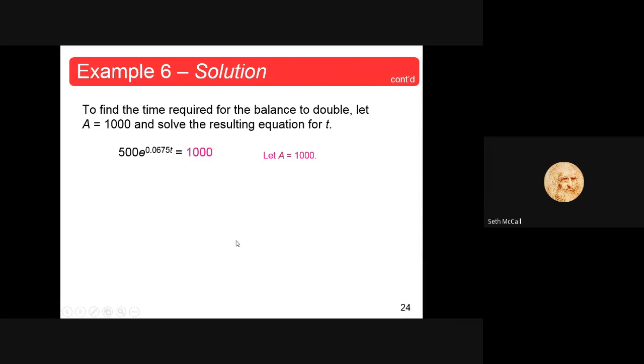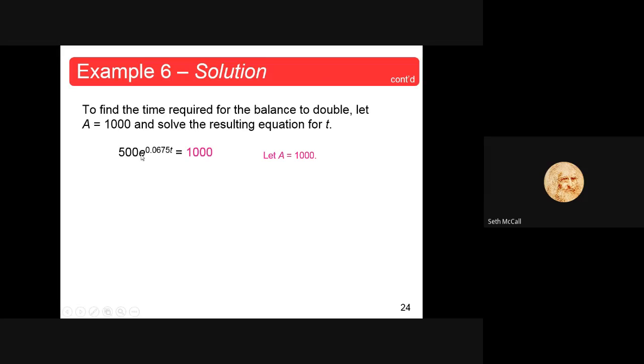In order to solve for t, you can see that this t is up in the exponent position. And anytime you have a variable in the exponent position and you need to solve for that variable, it is going to involve logarithms. That is what logs are for. They are for solving variables that are up here in the exponent. So what we need to do is peel back a little bit of a layer here.